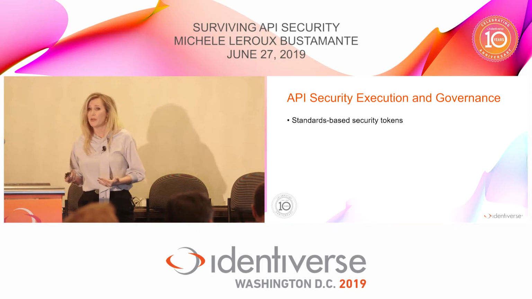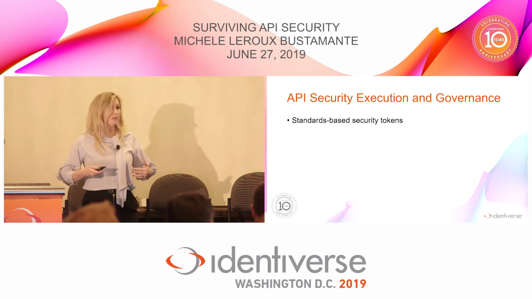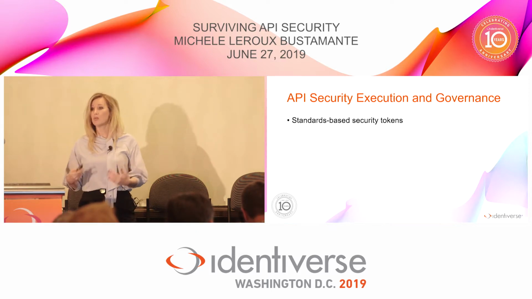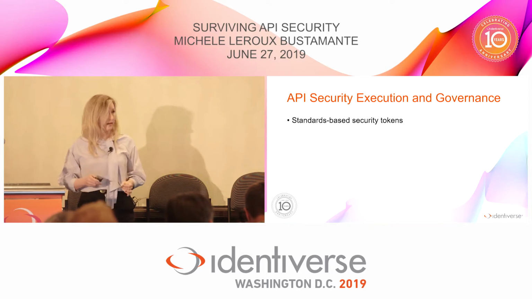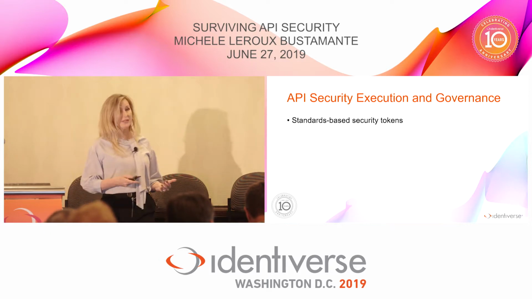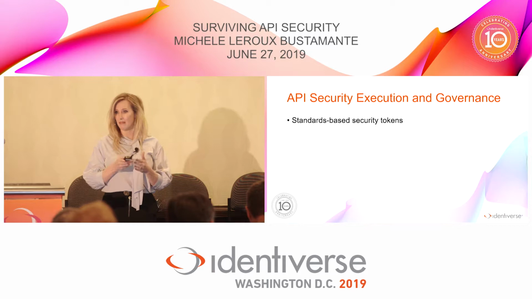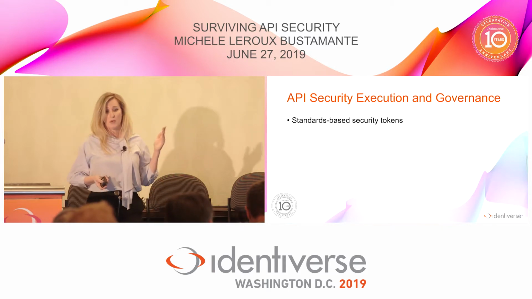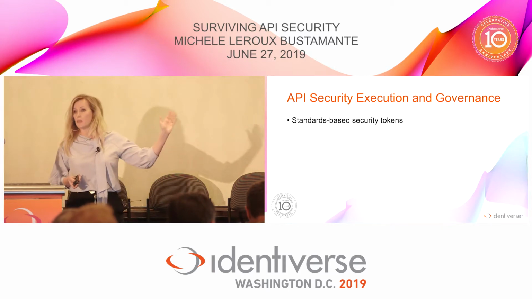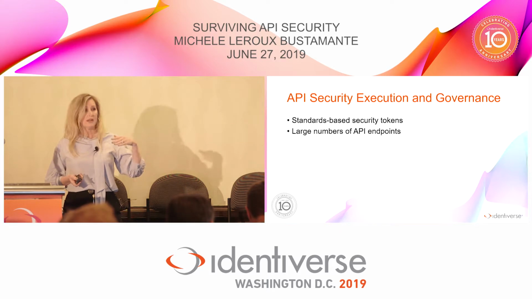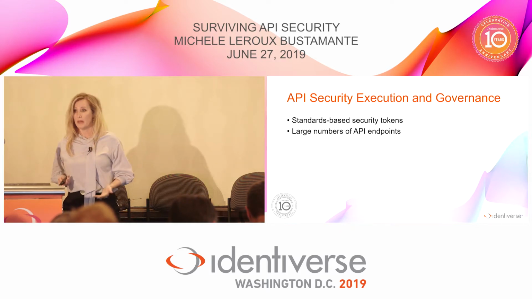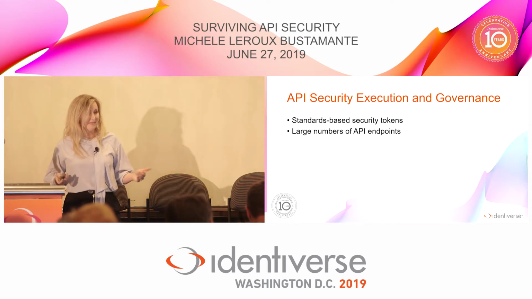So as developers, we are writing a lot of this code using tools we have available, middleware, client libraries, but we still need to understand the protocol flows to make this work, okay? We're going to have standards-based security tokens, probably JWTs. We're going to be using OAuth 2 and OpenID Connect, right, for the time being.